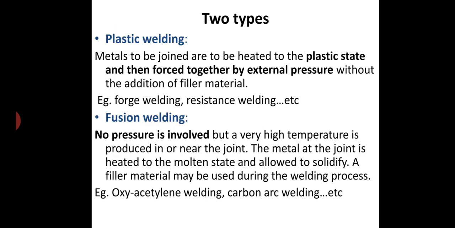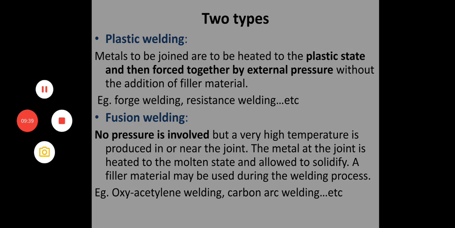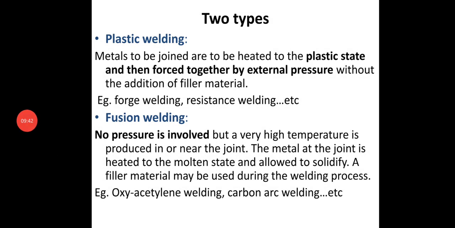Now coming to welding in detail, two types of welding are there. One is called plastic welding, and the second one is fusion welding. In plastic welding, we are not actually melting your metal completely, not making it a full molten state.